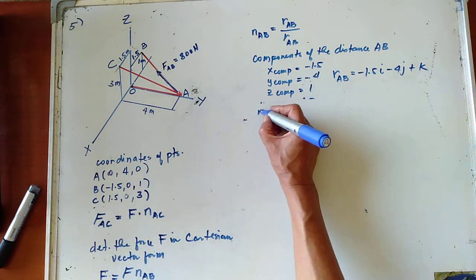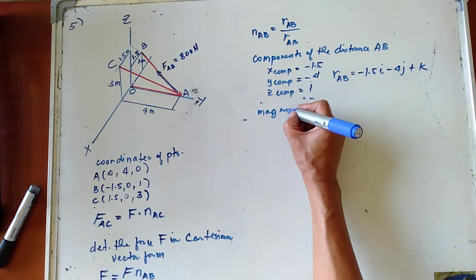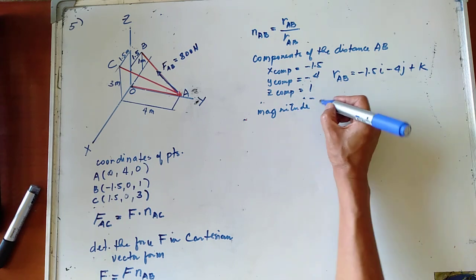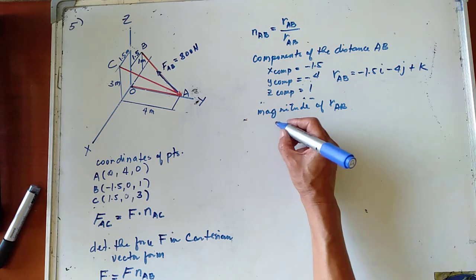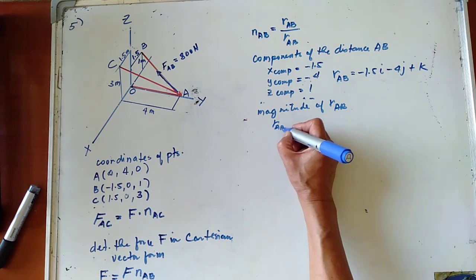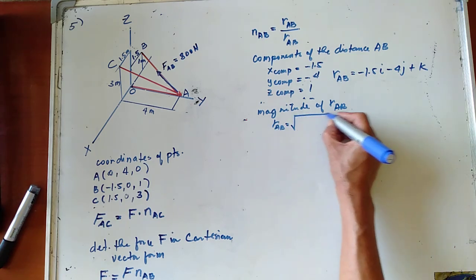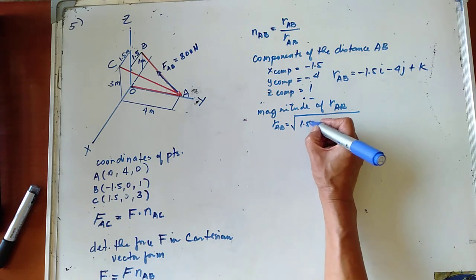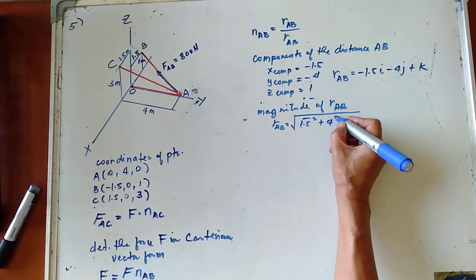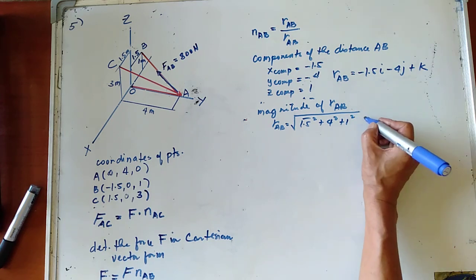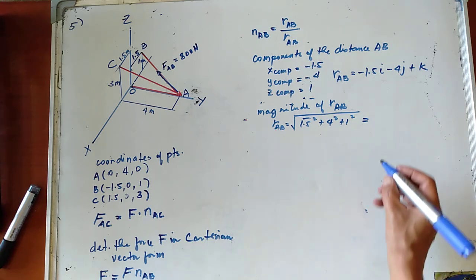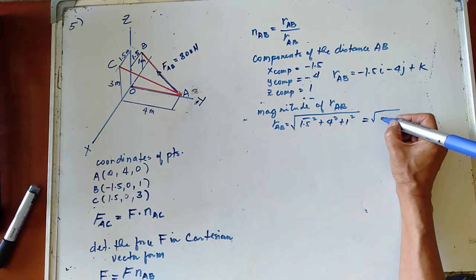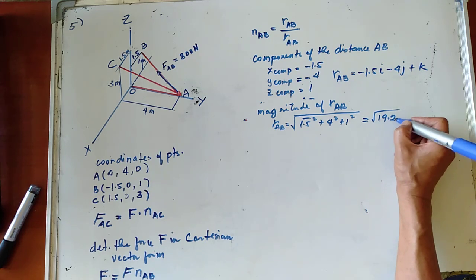And therefore the magnitude of r_AB is equal to the square root of 1.5 squared plus 4 squared plus 1 squared, which is the square root of 19.25.